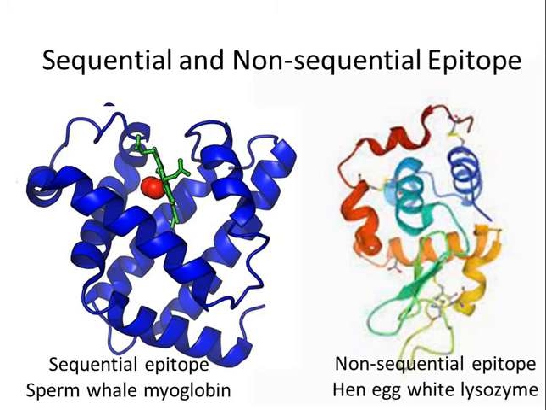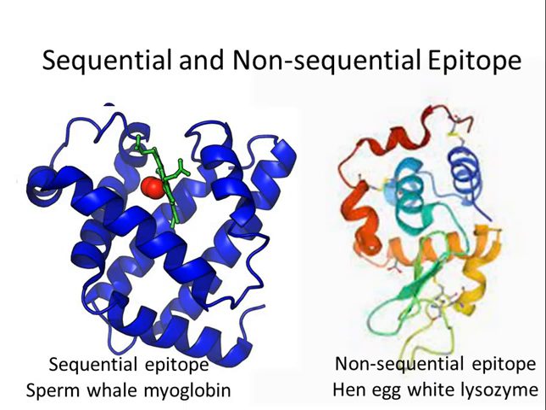On the other hand, fragmentation of protein or reduction of disulfide bonds often destroys non-sequential epitopes. For example, hen-egg-white lysozyme has 4 intrachain disulfide bonds, which determine the final protein three-dimensional structure. Many antibodies to hen-egg-white lysozyme recognize several epitopes, and each of 8 different epitopes has been recognized by a distinct antibody.